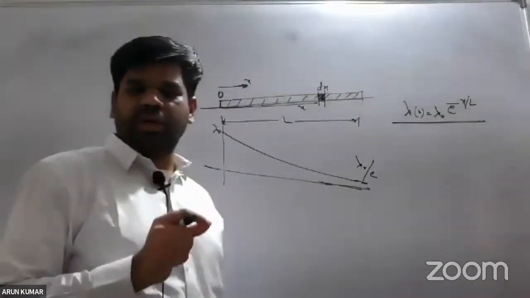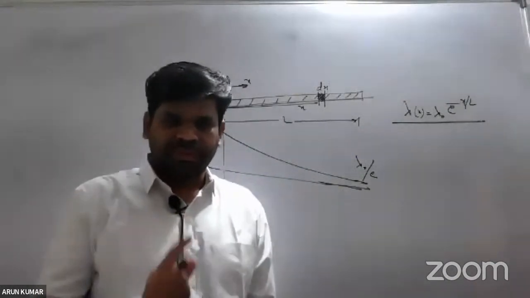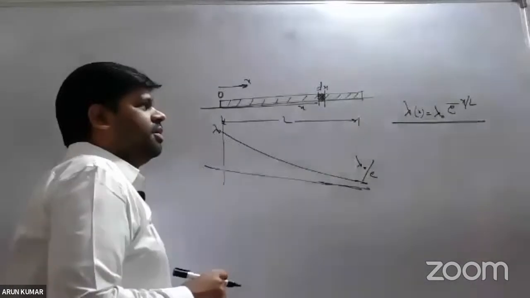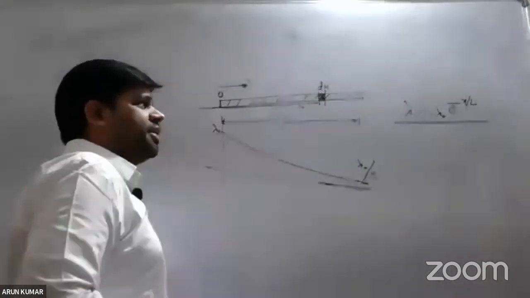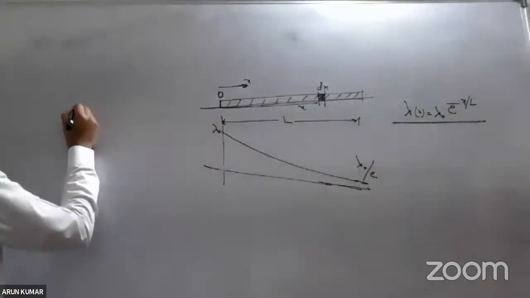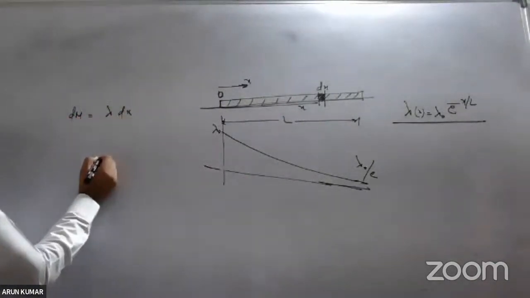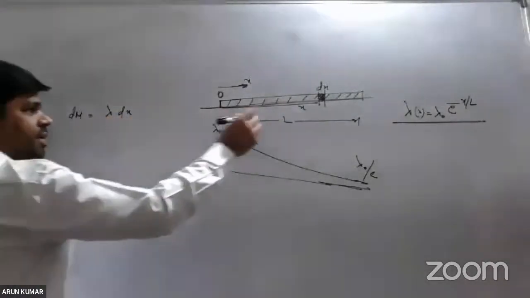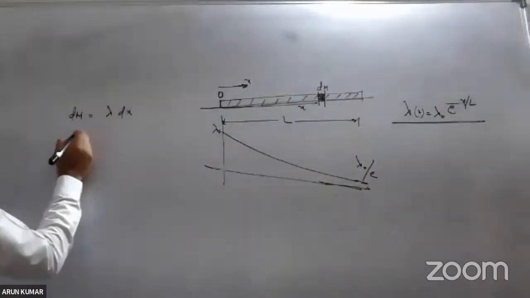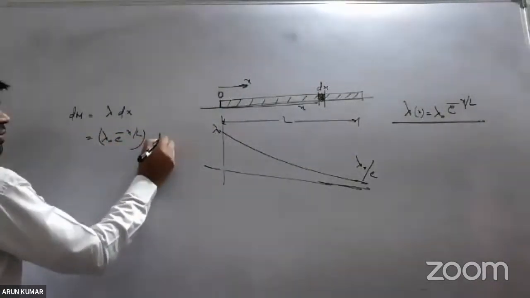I take dx to be so small that I can treat lambda to be constant in that region, so that I can write dm, the mass of that small part, to be equal to lambda into dx. I cannot write lambda into L, but because the length is so small that lambda is constant over there, I can write lambda into dx. So lambda is how much? Lambda naught into e power minus x by L into dx.